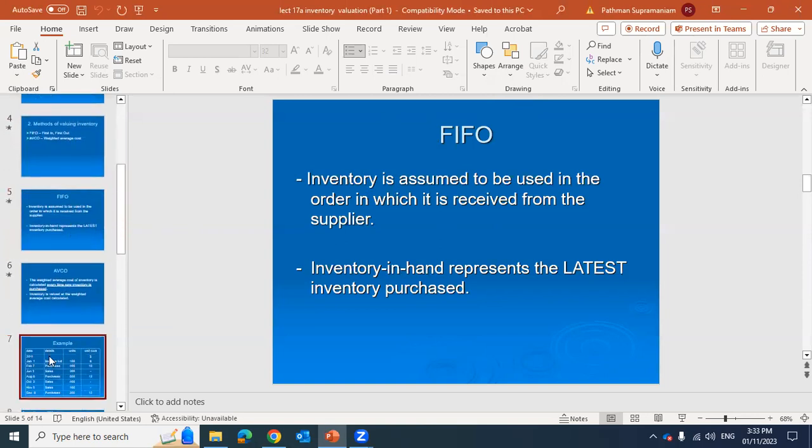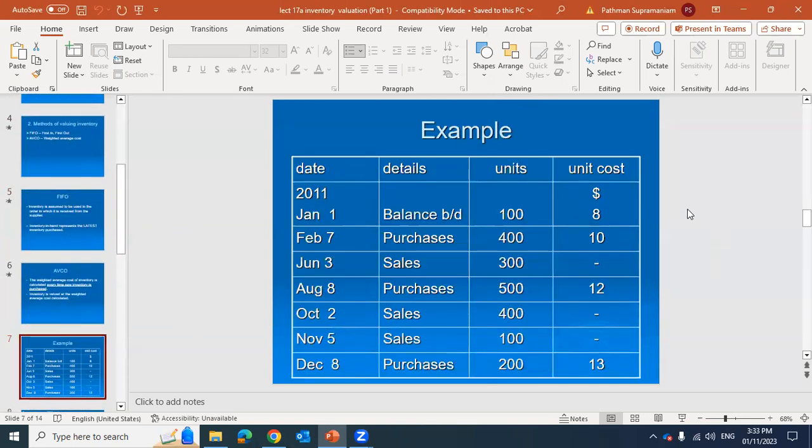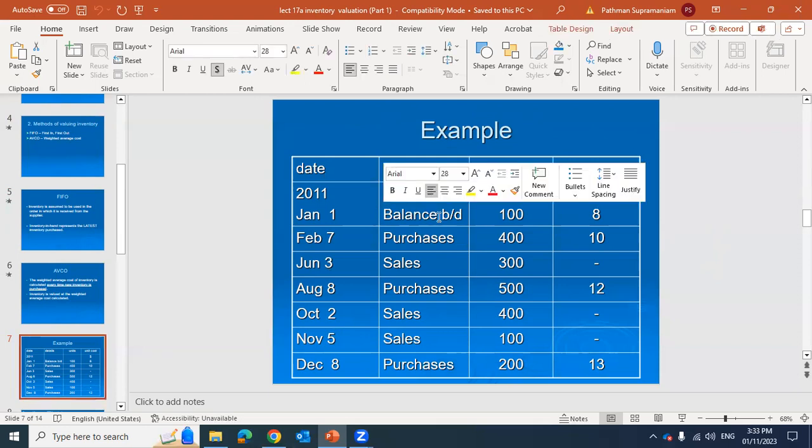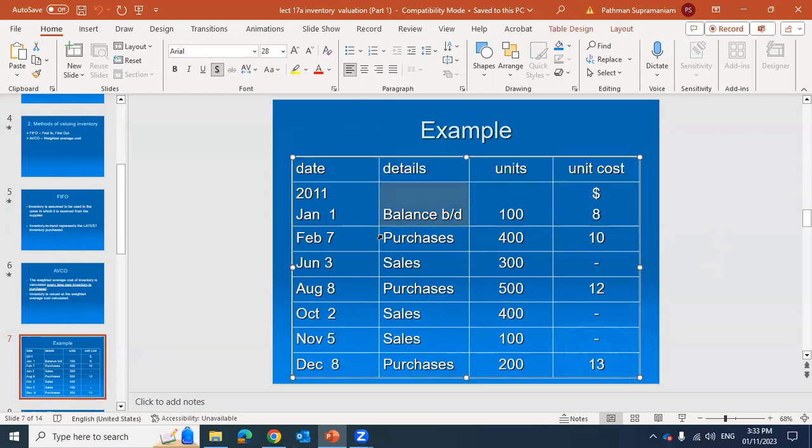So now I'm going to demonstrate an example with this question here. In the example, I'm going to use this data. This data merely states the date and the details. The details, as you can see, are either inventory brought down from the previous period, or the purchases and the sales of the inventory. When you see purchases, that means inventory is coming into the store.